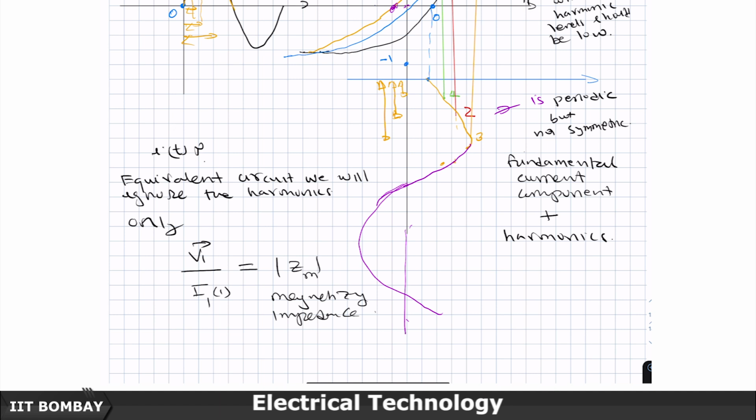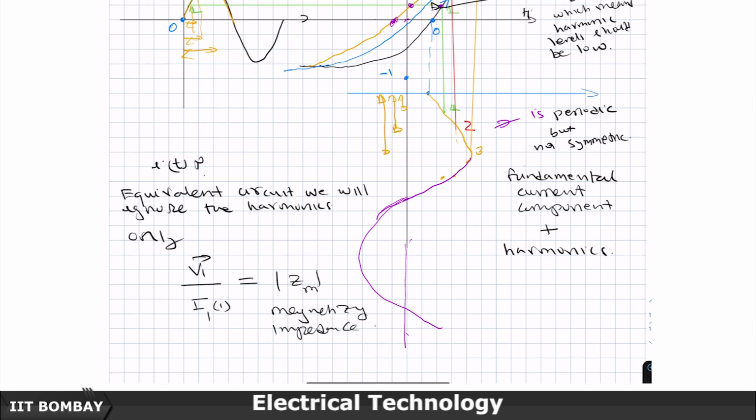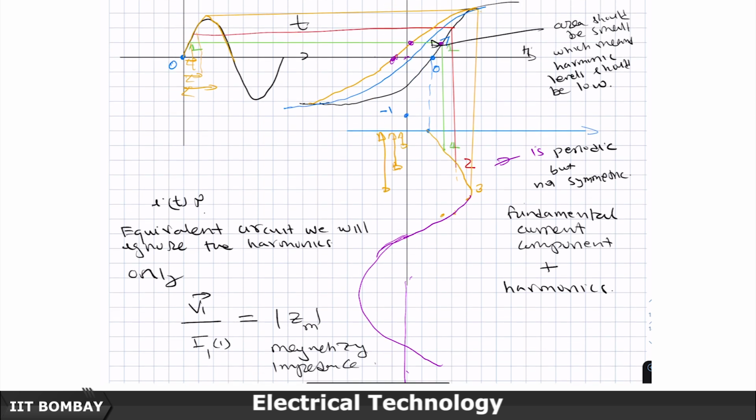One part which is going to be associated with it predominantly is the magnetizing current, which we have discussed in our previous lecture, but the other component is going to be the hysteresis loss, which arises because this is the amount of energy that you are going to lose per cycle.